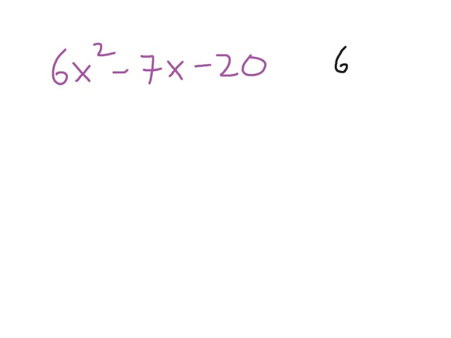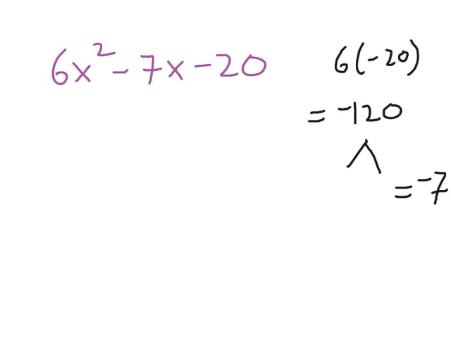So I'm going to take 6 times negative 20, which is negative 120. Now, I need to factor the number negative 120 so that the two numbers add up to the number in the middle, which is a negative 7.